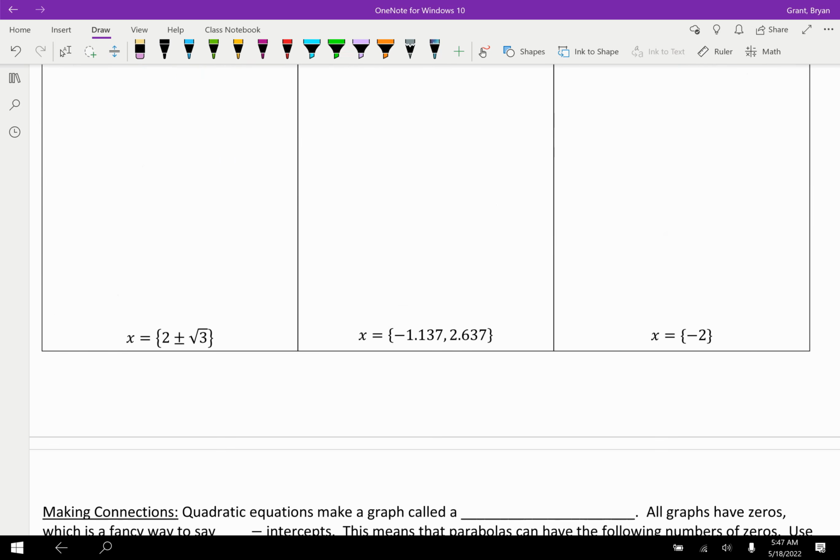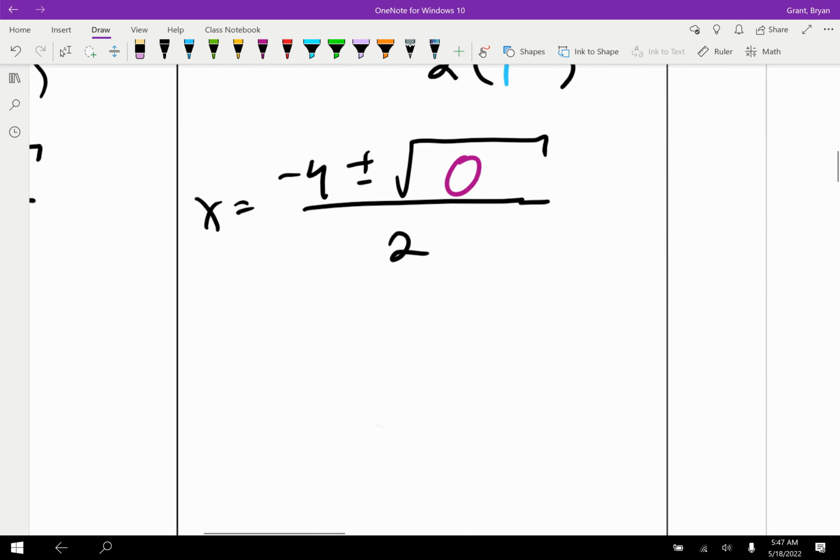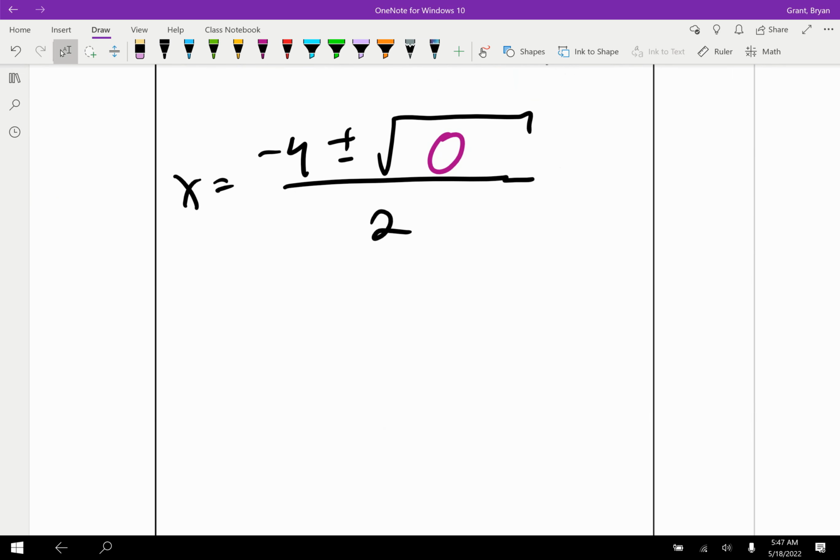Let's start with the last problem to get that -2, because I think this one's not too bad. We actually did one very similar to this last class, because we know the square root of 0. 0 is arguably a perfect square, and the square root of 0 is just 0. Since we know the square root, we can take the square root. We don't need to write the square root anymore, and now it's just over 2. Okay.